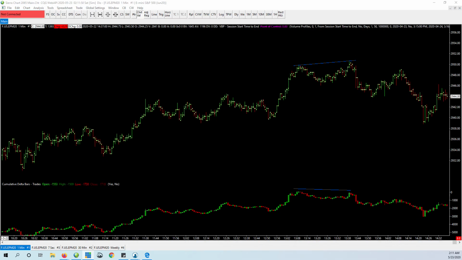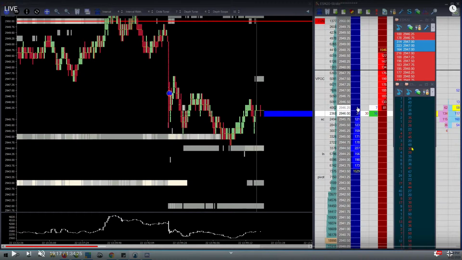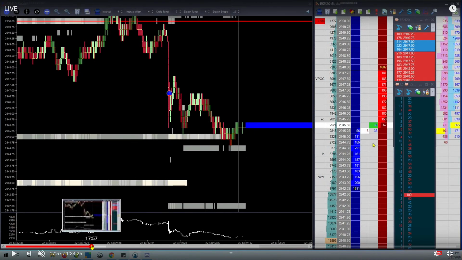Delta, it sucks. But look at the way this was setting up here. This is where I got out. It was definitely diverged, so if we draw a line here to where I got out, it was definitely diverged, but it was starting to work its way up.